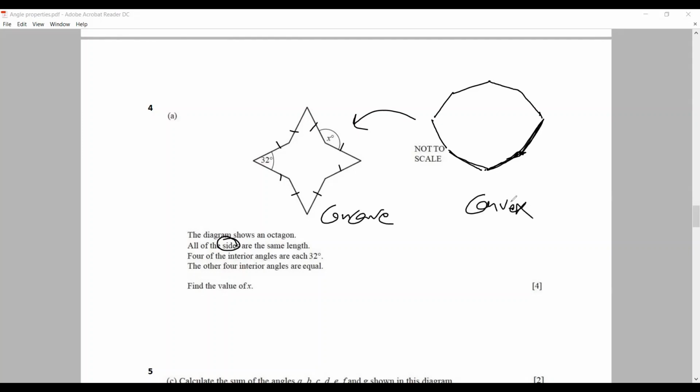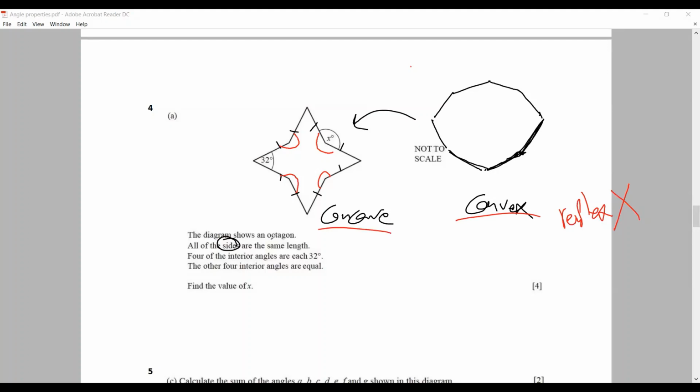The concave one has a reflex angle as one or a few of its interior angles. As you can see, these 4 angles are reflex, they are more than 180, whereas in convex you don't see anything like that. You might see an obtuse angle, but for sure you do not see a reflex angle in convex.